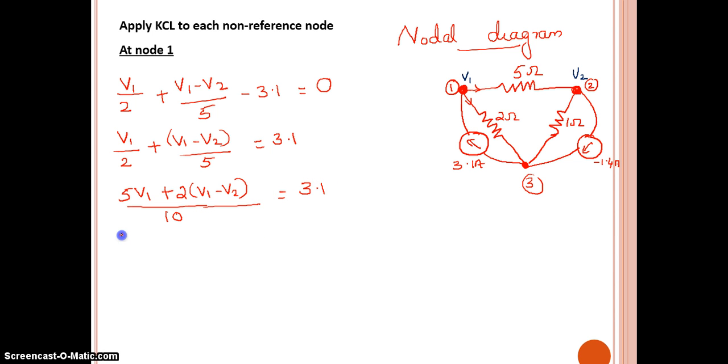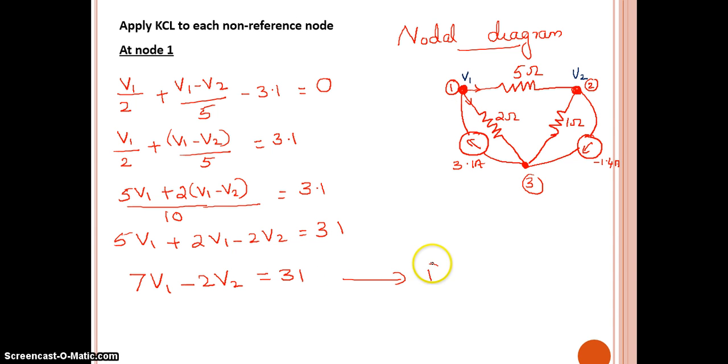Cross multiply it, and we get 5V1 plus 2V1 minus 2V2 equal to 31. 5 plus 2, 7 times V1 minus 2V2 is equal to 31. So this will be the nodal equation corresponding to node 1. Mark it as equation number 1.